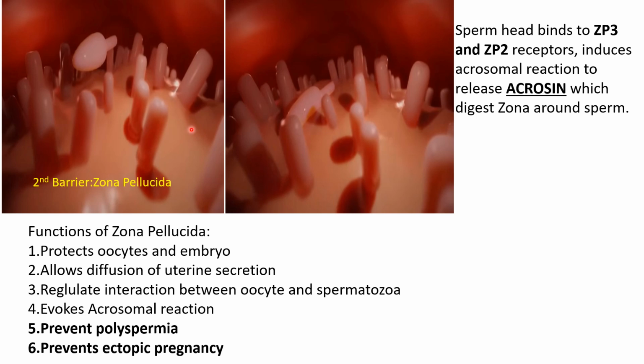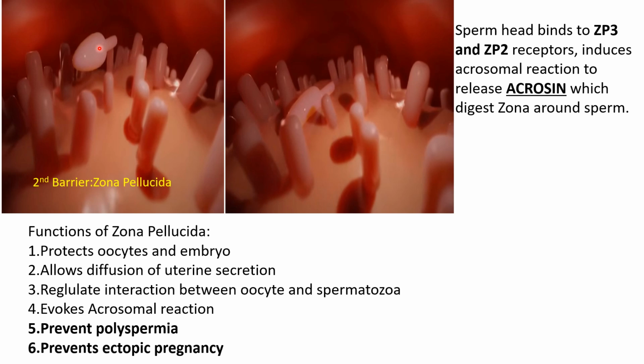The second barrier which the sperm comes across is the zona pellucida. The zona pellucida is an amorphous glycoprotein which has a striated appearance, and it is derived from the oocyte. It is made up of three glycoproteins, ZP1, ZP2 and ZP3. Now the sperm head, which has disintegrated the corona radiata and reached the zona pellucida, will bind with specific receptors for ZP2 and ZP3 glycoprotein.